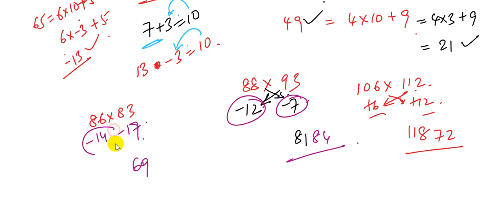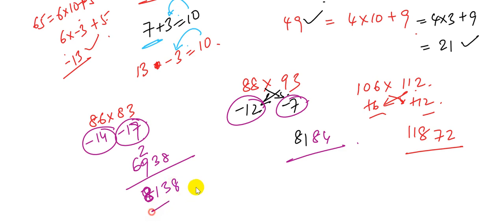And minus 14 into minus 17 is how much? 238. When you get 238, you write the 2 above the 9 and then 38 and add it up. 8138.